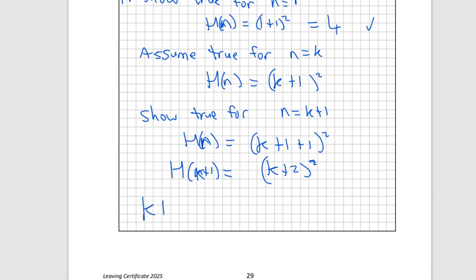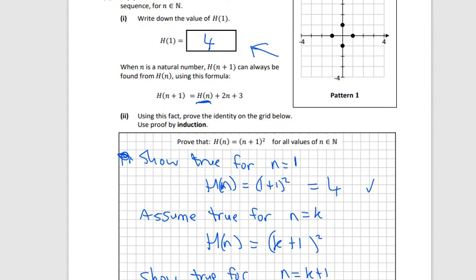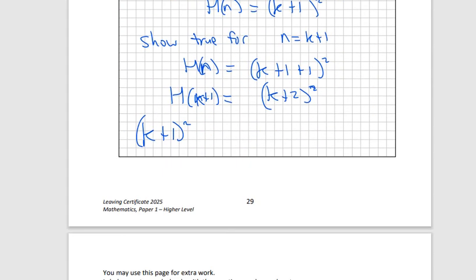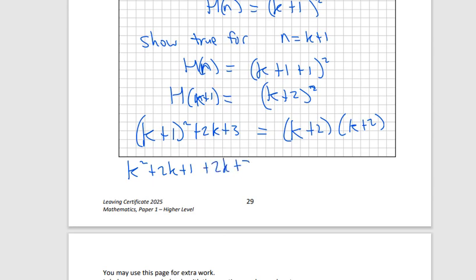So that's (k plus 1) squared, and then plus 2k plus 3, is equal to (k plus 2)(k plus 2). So it's just showing that both sides are the same. So k squared plus 2k plus 1 when you multiply out the brackets there, plus 2k plus 3. So that gives me k squared plus 4k plus 4.